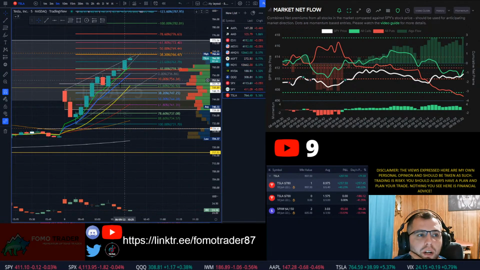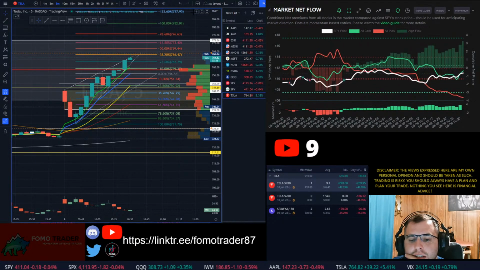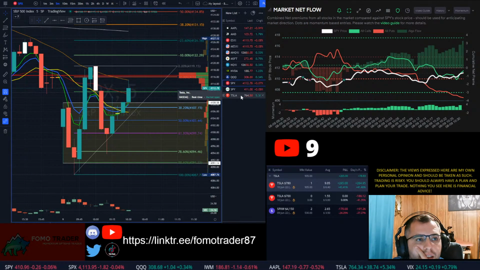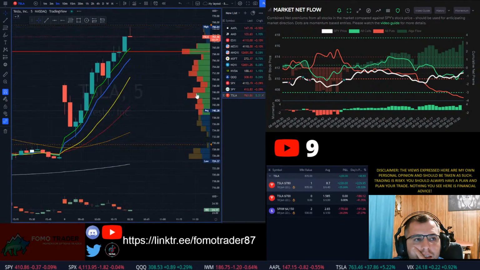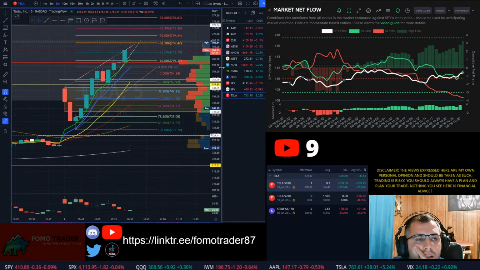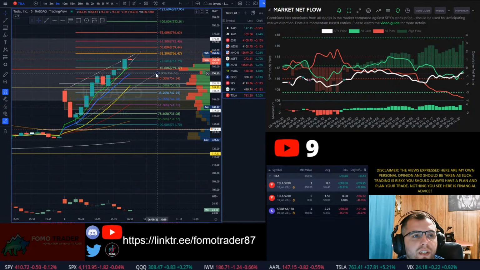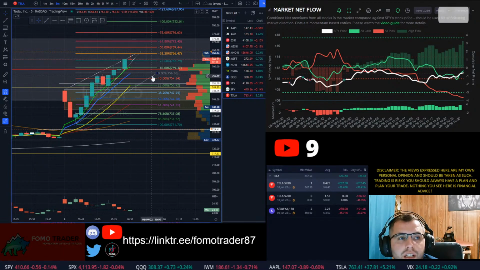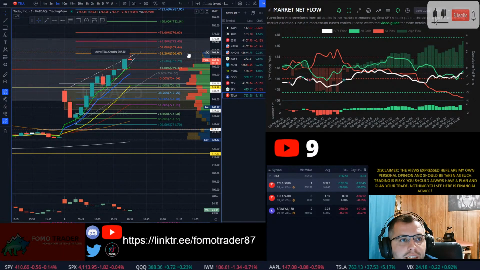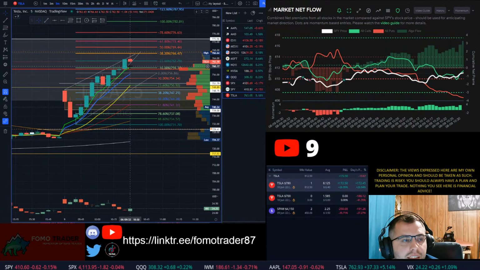Looking for a break out of this ascending wedge to the upside here. So the 38.2 extension is 766.47, and we hit 766.64. That's pretty close.